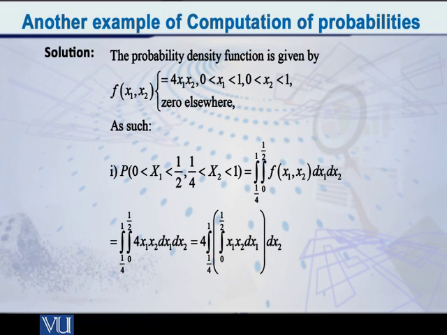Therefore, अब एंड में आप लिखेंगे dx2 और जो आपने सेकंड यानी अंदर लिखा था 0 to half वो आपकी x1 की लिमिट्स हैं.